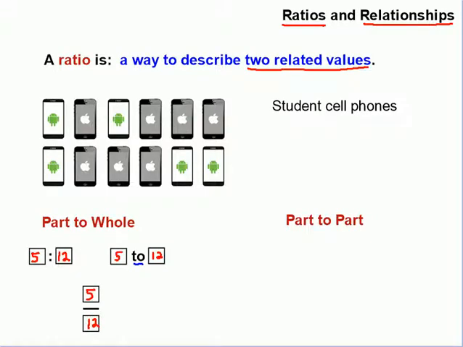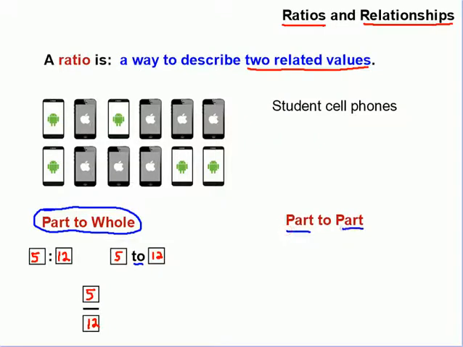Now that's a specific kind of comparison, a specific kind of ratio. We call that part to whole. We compared a part, the part that has Android phones, to the whole, which is everyone who has Android phones and Apple phones. Now, if we wanted to do a different kind of comparison of two related values, then what we could do is a part-to-part comparison.